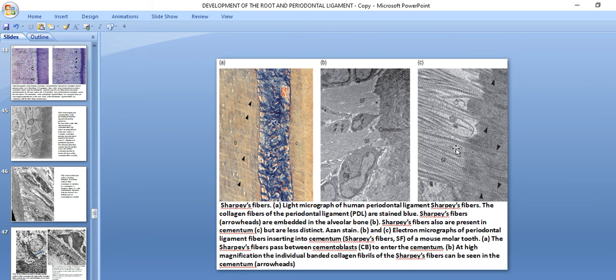And here, these electron micrographs show periodontal ligament fibers inserting into cementum. The Sharpey's fibers are seen inserting into the cementum here, here, and here, propagating into the cementum.